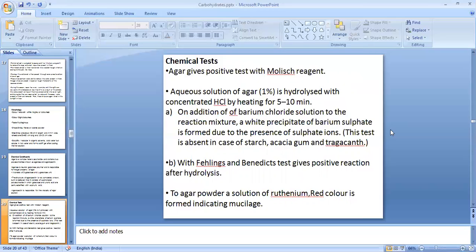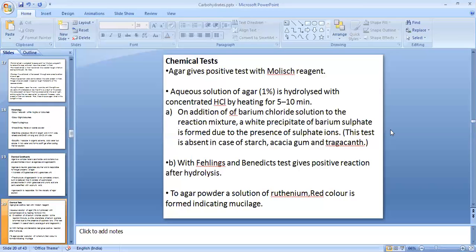So this test differentiates it from the other gums, that is acacia gum, tragacanth, and also from starch. And the hydrolyzed solution, when you treat it with Fehling's reagent and Benedict's reagent, gives a reddish orange precipitate and a brick red precipitate respectively.